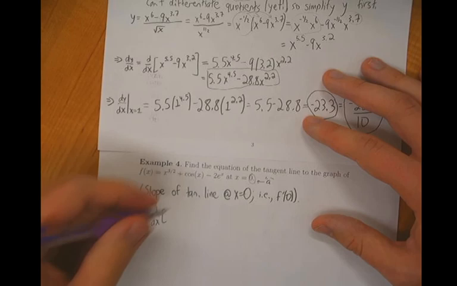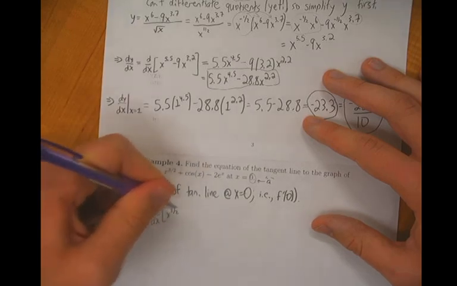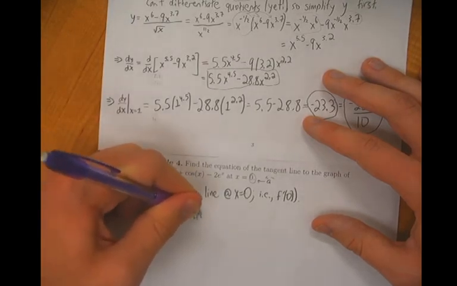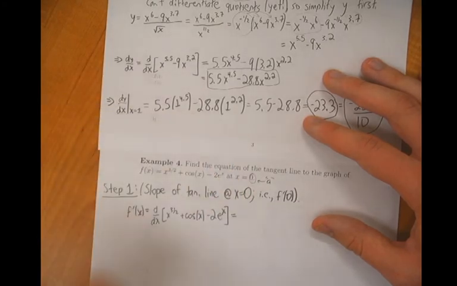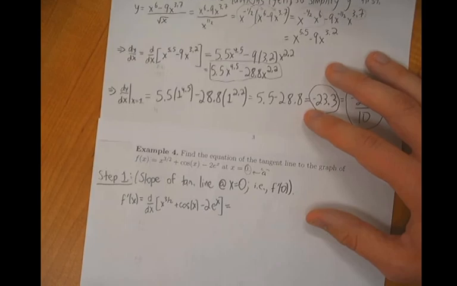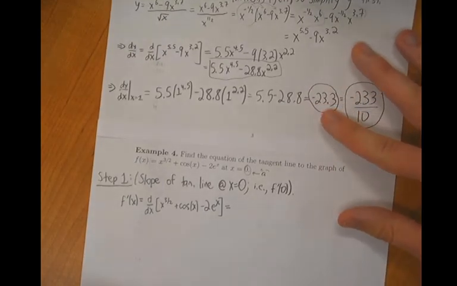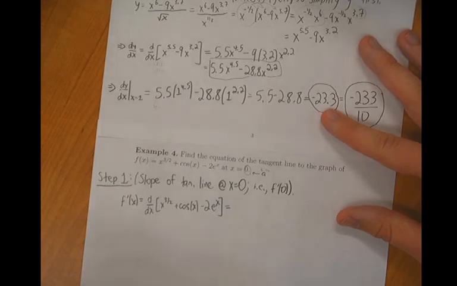So now we have x to the 3 halves plus cosine of x minus 2 times e to the x. If we differentiate all that, what do we end up with as our derivative, using our formulas that we already have?